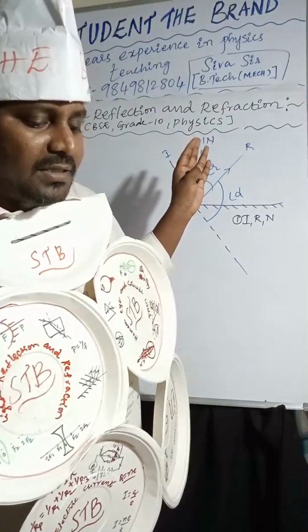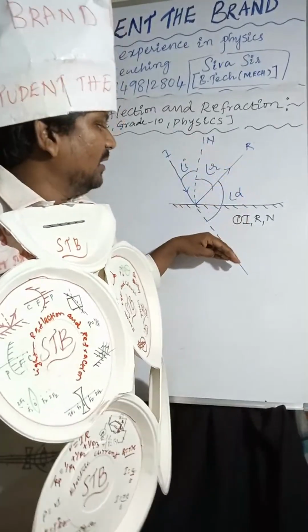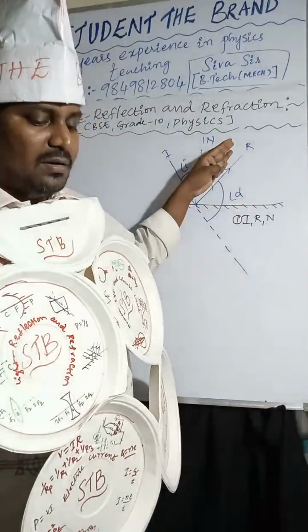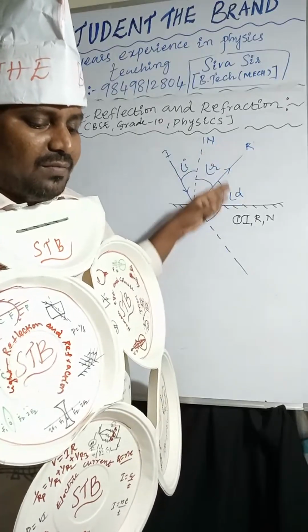What is the angle of deviation? The angle between the undeviated line and the reflected ray is called the angle of deviation.